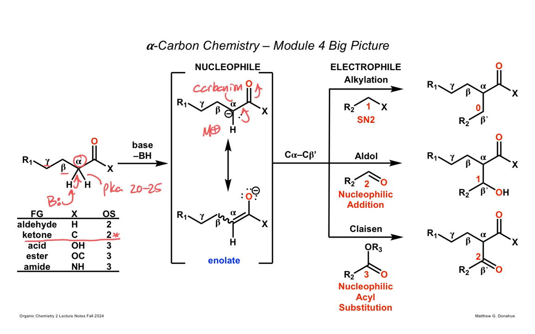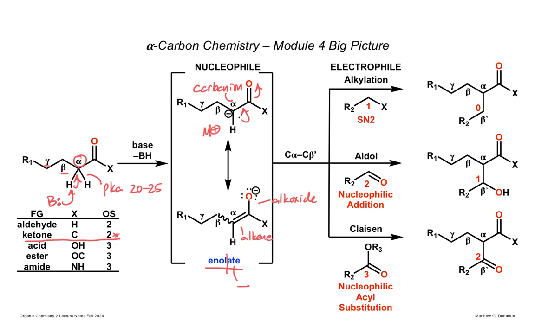The structure shown in the bottom resonance form is called an enolate. That comes from alkene, and then this is an alkoxide. Things that end in ATE in chemistry are typically negatively charged. So an enolate, that's the reactive intermediate.